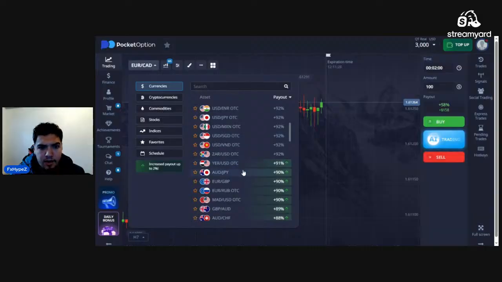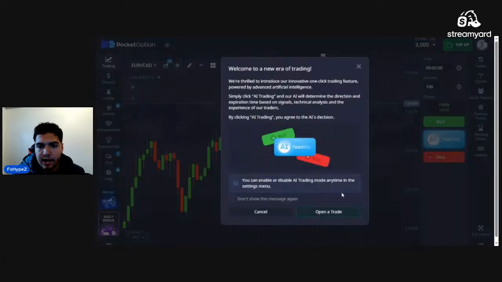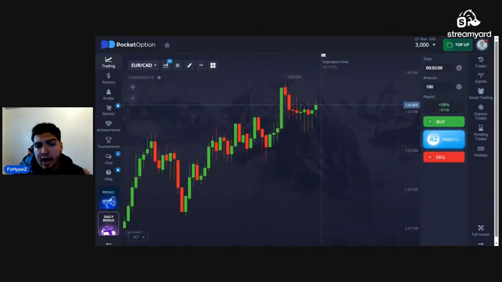And I'm assuming that the AI will be opening trades based on the currency pair that you've selected. So right now I'm looking at EuroCAD. And if we click on AI trading, we click on open a trade, it's going to select a random trade duration. And yeah, we'll ultimately see what happens. So I'm assuming that's how it works.